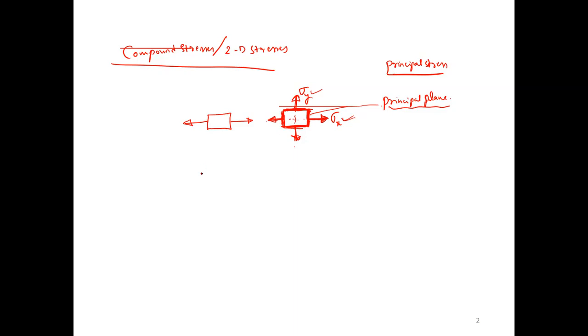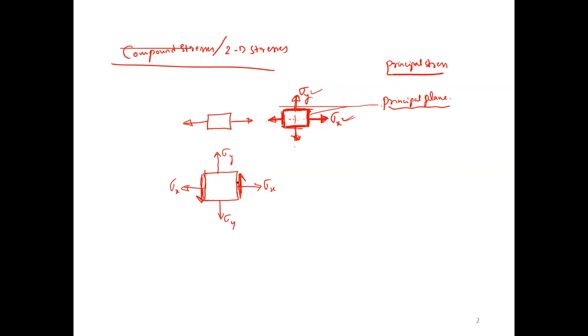Now let's consider another 2D stress system. Here sigma x is acting, sigma y is acting, similarly sigma x is acting, and sigma y is acting. And also, I will consider shear. These are two equal and opposite shear forces.